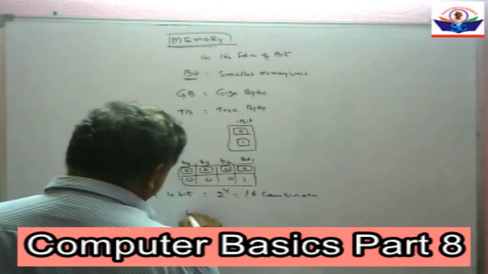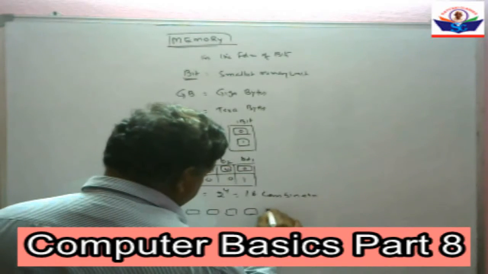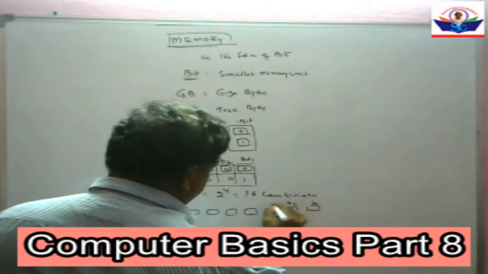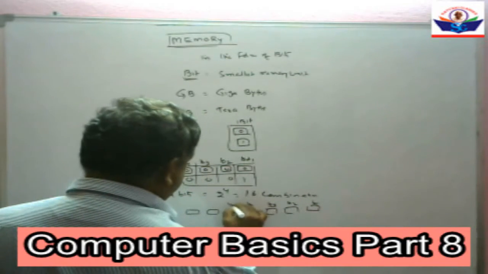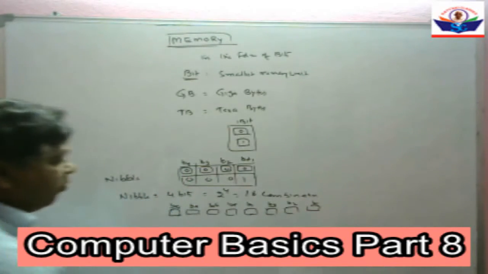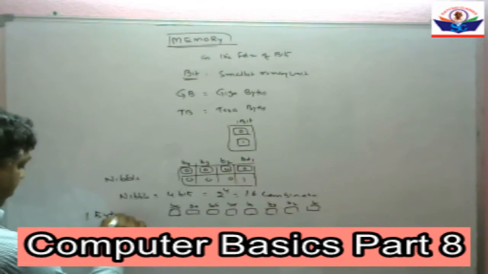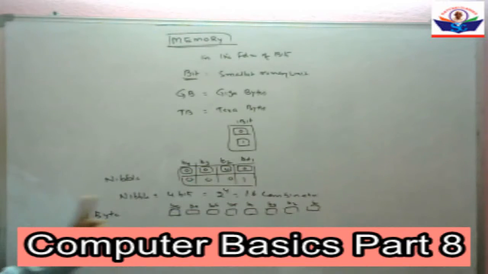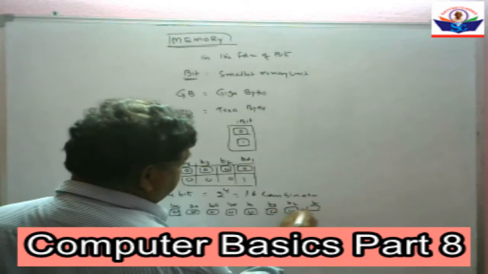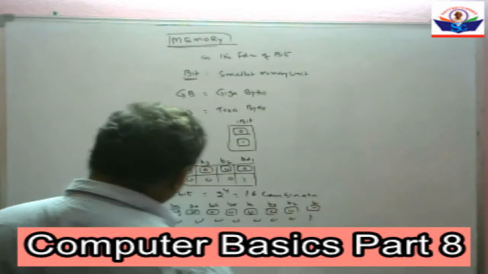Now, if we group 8 bits, bit 1 through bit 8, it is called 1 byte. We can fill in zeros and 1s like this.